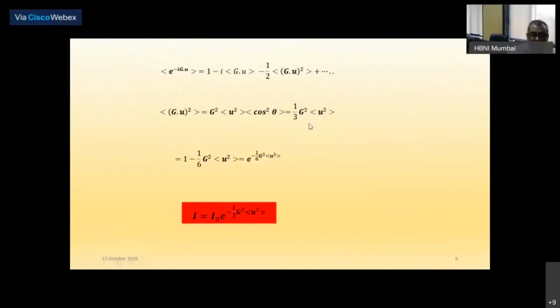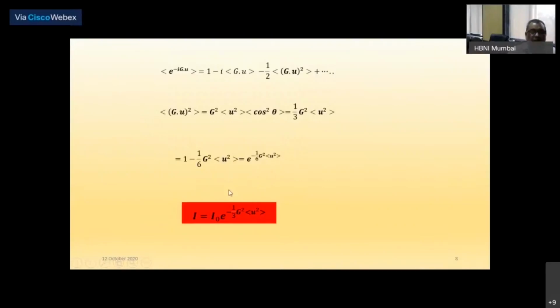And that will give me 1/3. The square remains, and I need an average u square. So 1 minus half G dot u square becomes 1 minus 1/6 G square u square. Under the assumption that this term is small, I can club it back as e to the power minus 1/6 G square u square, e to the power minus x.